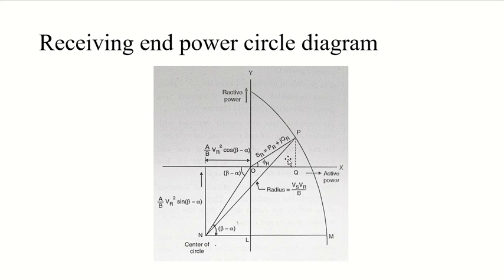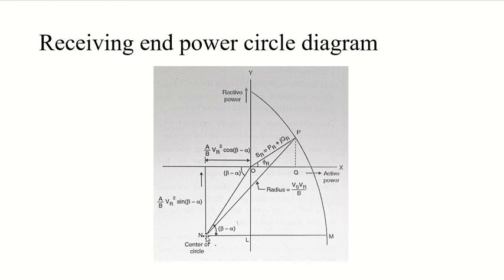circle, right. So to determine the maximum power, you will draw a horizontal line from the center of the circle, which will intersect your vertical axis at some point L, right.